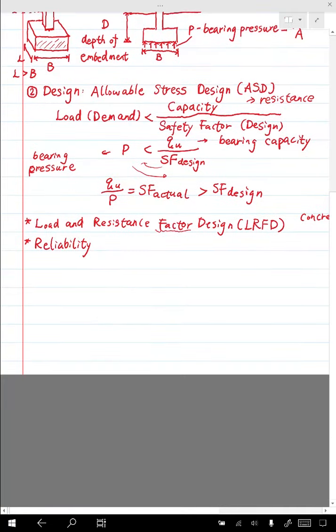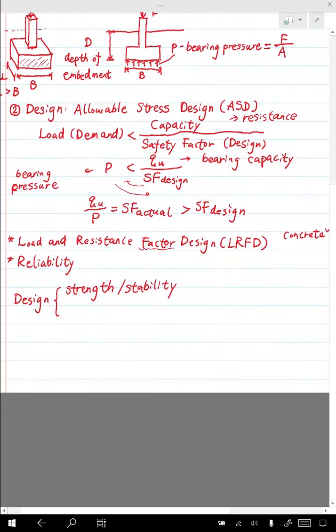And one more thing for design, in addition to the design method, is that we have different considerations. So the primary consideration in foundation design is usually associated with strength or stability. And I want you guys to think about one question.